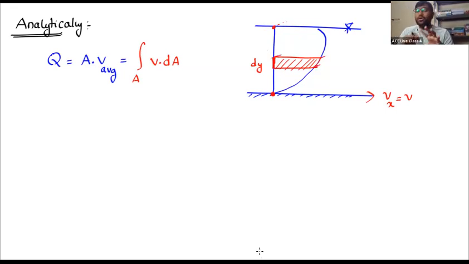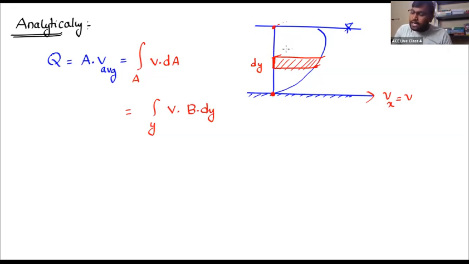So the total discharge is total area into average velocity, which equals the integral of a small portion of this area. So integral of V into dA, and I can write this dA as B into dy. So what is the elemental area of this one?